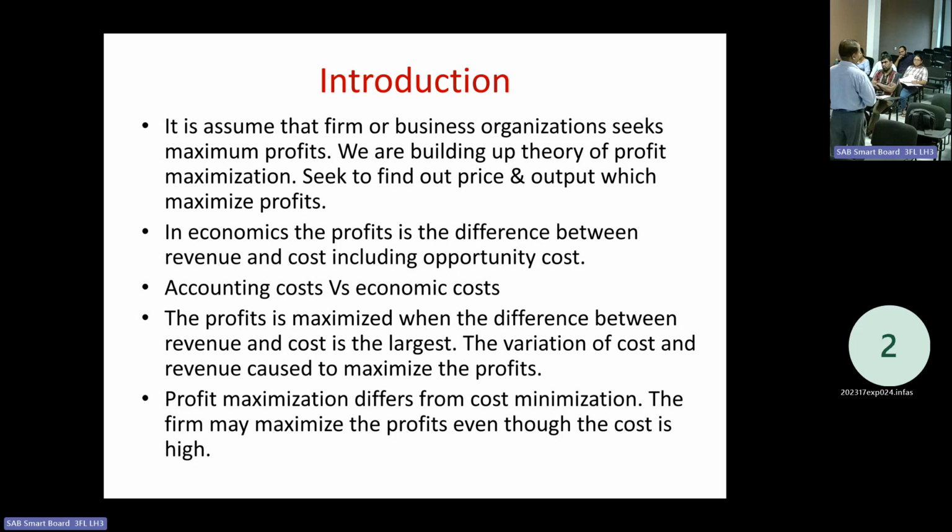But when it comes to economic cost, there is more meaning. Economics normally considers not only the actual cost but also the opportunity cost involved in such decisions or projects.